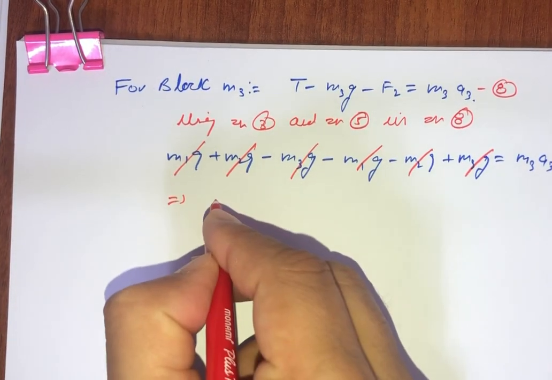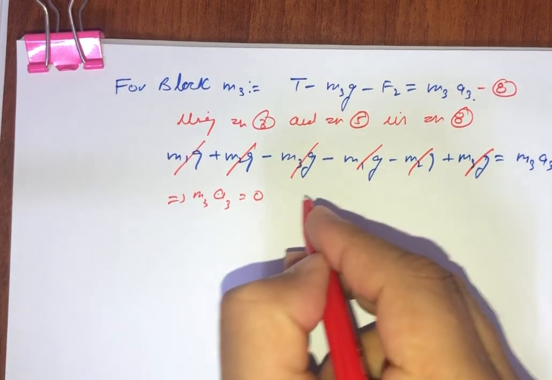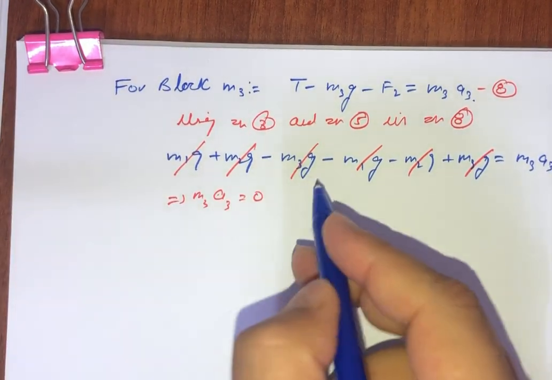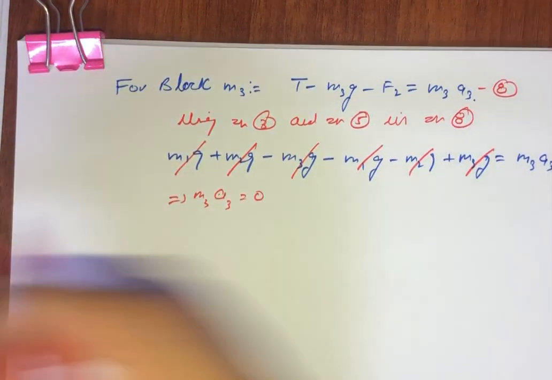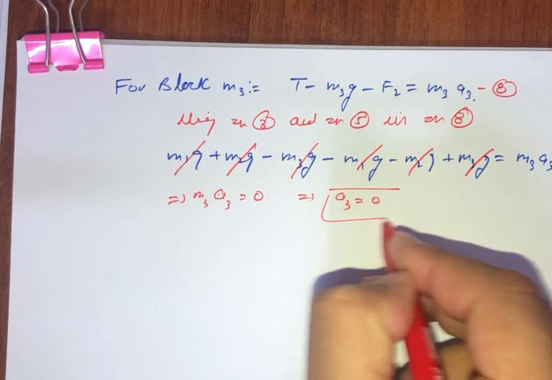So M3 A3 is equal to 0. As mass cannot be 0, we conclude that A3 will be equal to 0.